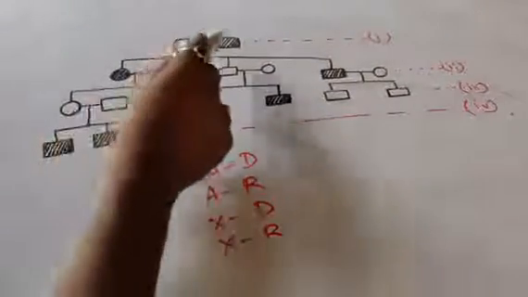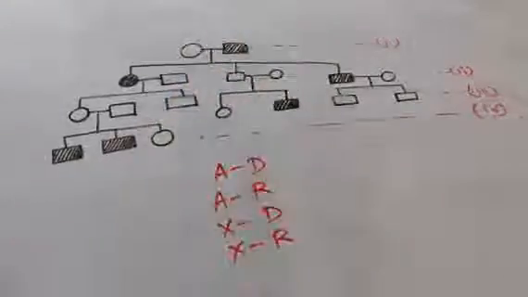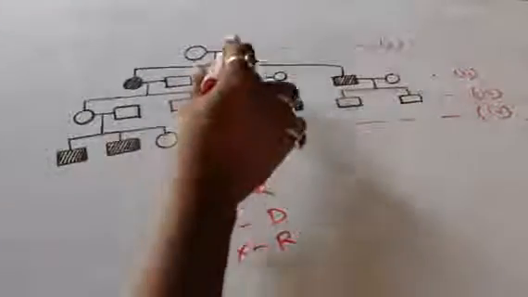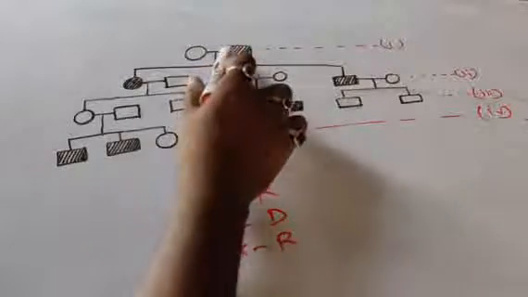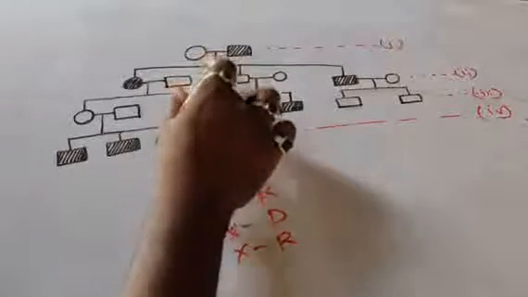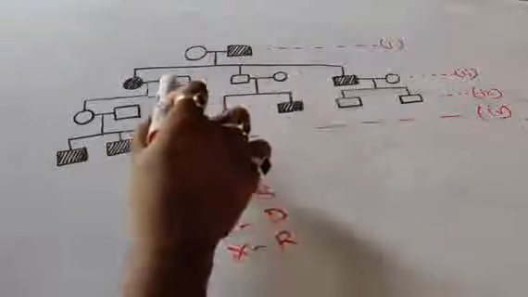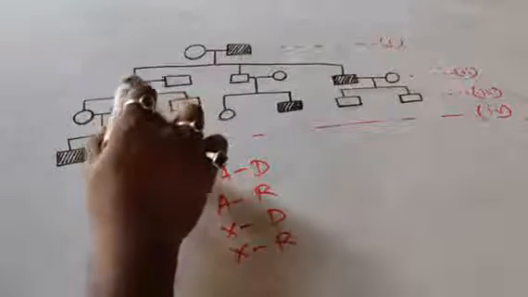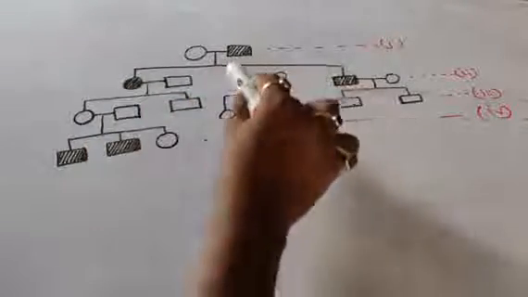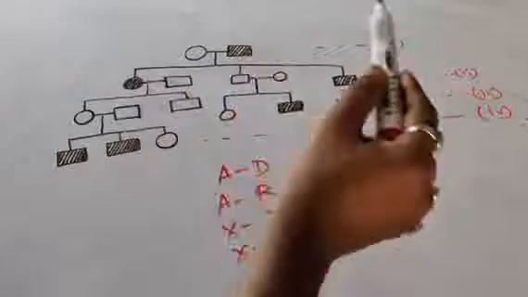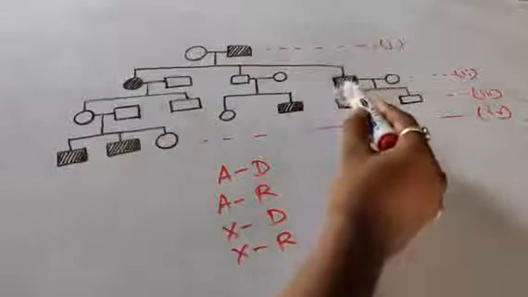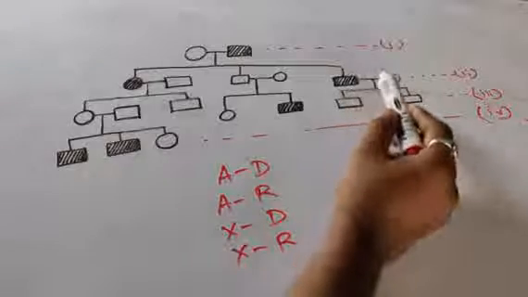Here we can see in this section, in the first generation, one male is affected. Okay, now the next generation, after mating, the second generation: there is one affected daughter, one unaffected son, and another affected son.